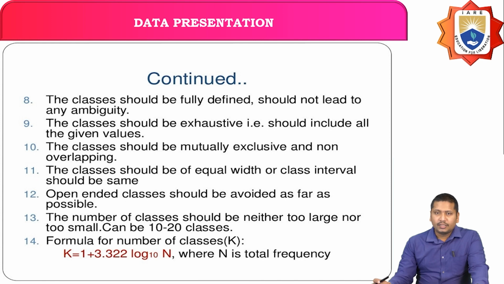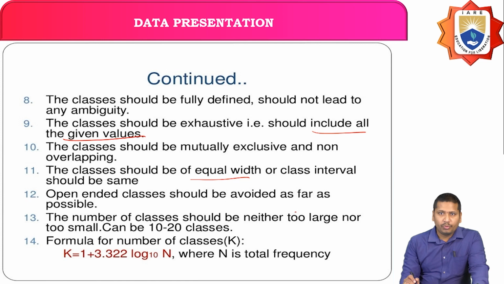So the classes must be fully defined, without any ambiguity, and exhaustive, including all the given values. They should be mutually exclusive or non-overlapping, and of equal width, so the class interval is the same.